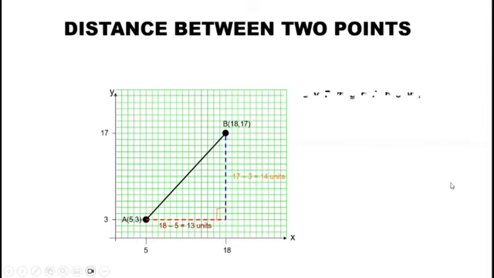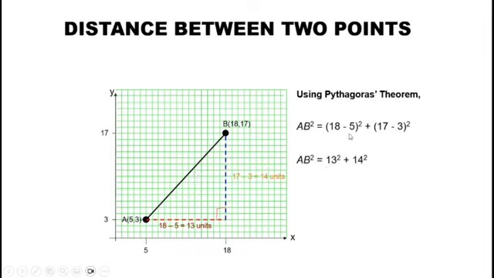which is 14 units. Using the concept of Pythagoras theorem, it means that AB squared, which is the hypotenuse squared, is equal to the sum of the squares of the other two sides. So in this case, (18 minus 5) squared plus (17 minus 3) squared.